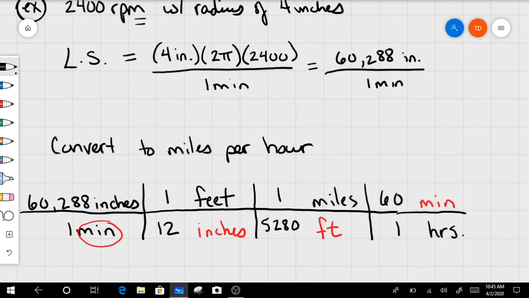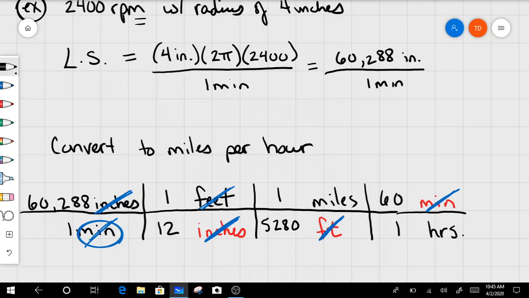Now let's just do the math. The word inches and the word inches reduce. The word feet and the word feet reduce. Minutes on bottom and minutes on top reduce.